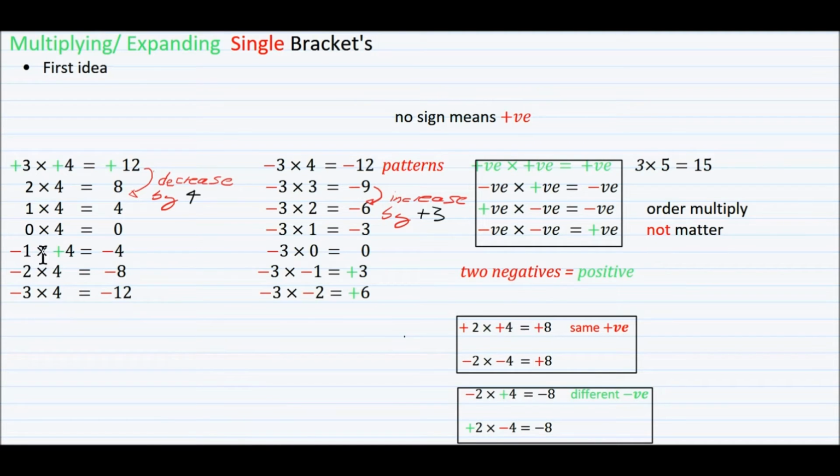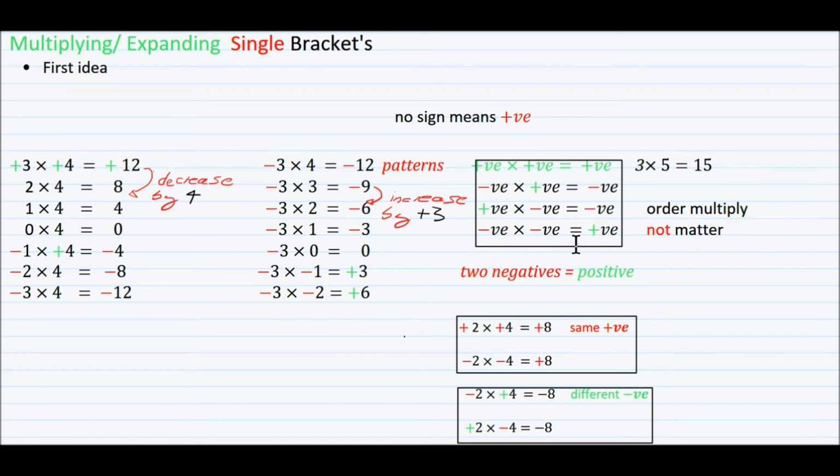Now if I switch these around, if I multiply plus 4 times minus 1, the answer will still be minus 4. So you could change these around and the answer is negative, because the order that you multiply doesn't matter. Now a negative times a negative, like minus 3 times minus 1, is a positive. Negative 3 times negative 2 is plus 6. So a negative times a negative is a positive.